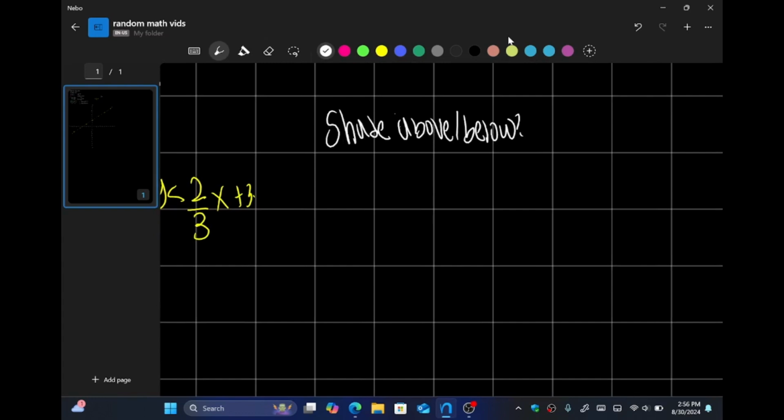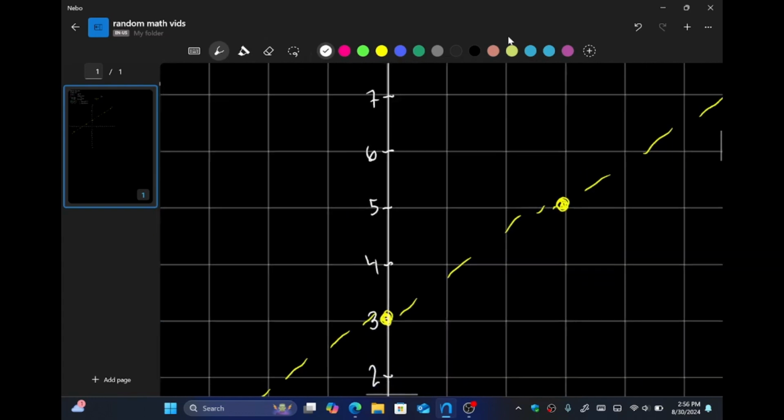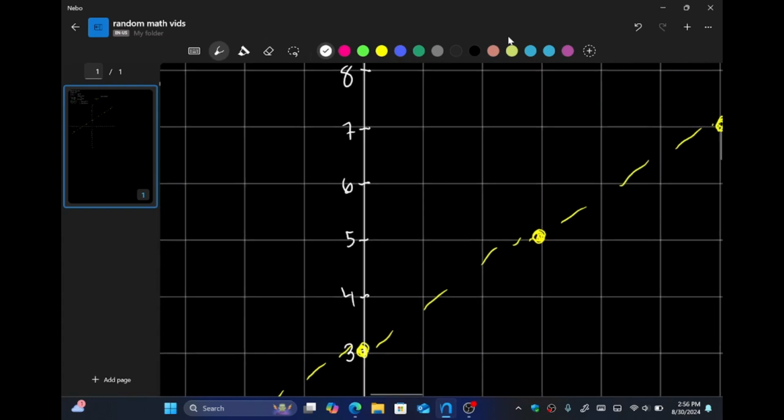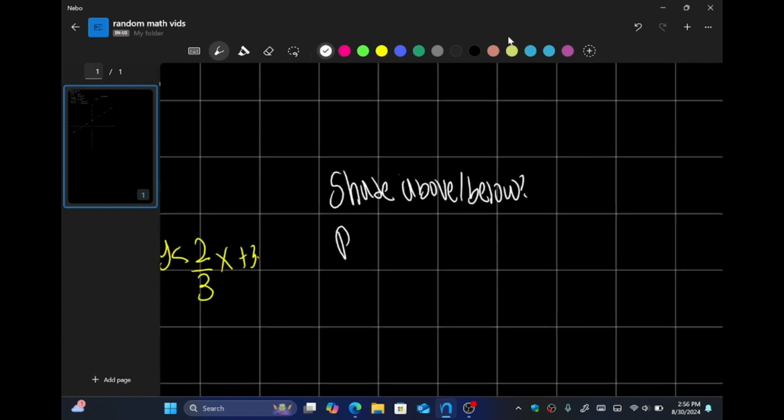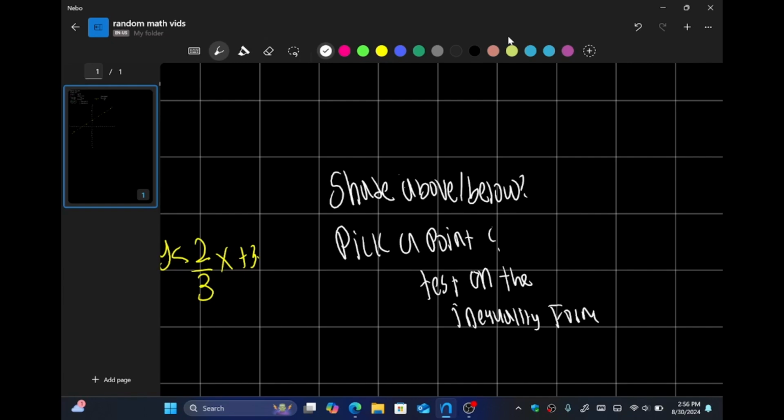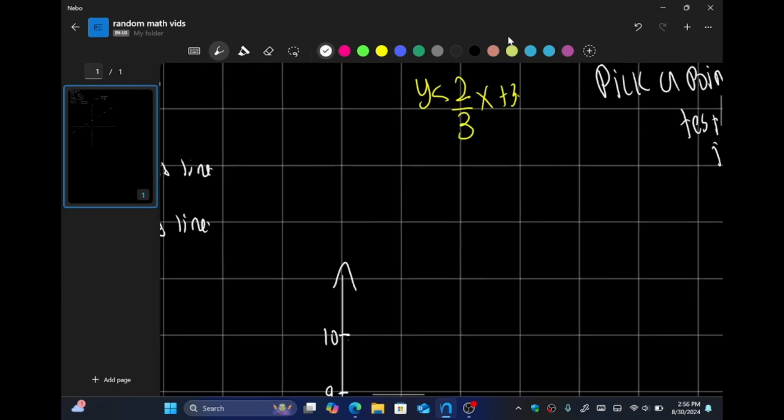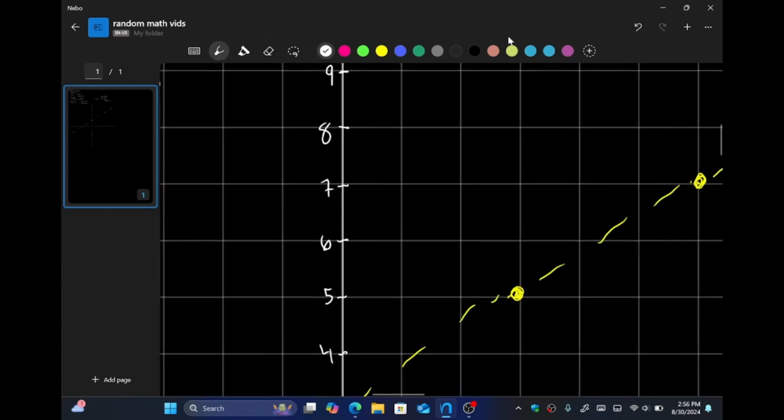To do this, we're going to pick a point and test it in the inequality. Let's pick 0, 6.